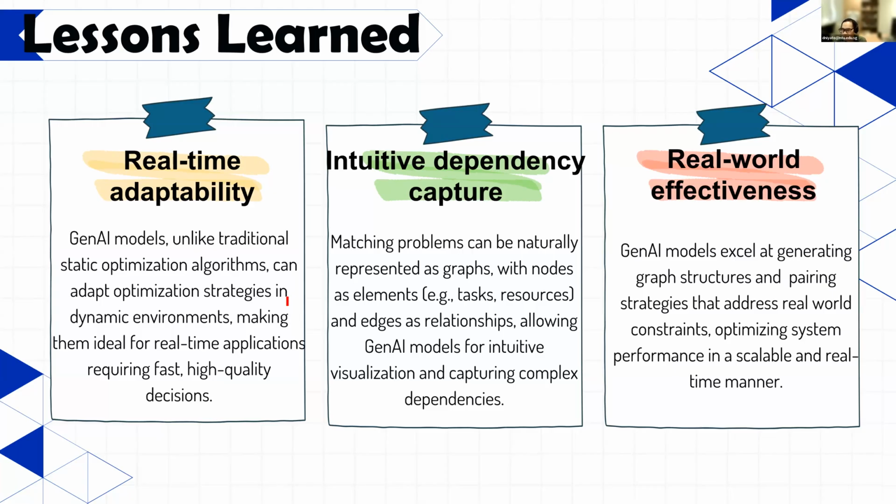Also, it can provide the application for the real world. So the model can generate a graph structure, and by imposing the constraints, we are able to structure the graph to be the matching. And this matching provides a pairing strategy that addresses the real-world constraints and is able to optimize the system performance in a scalable and real-time fashion.